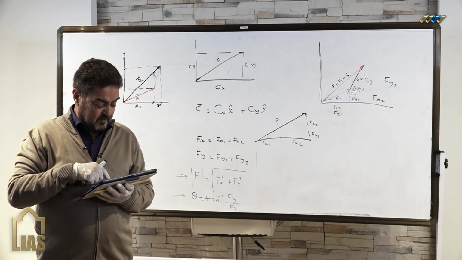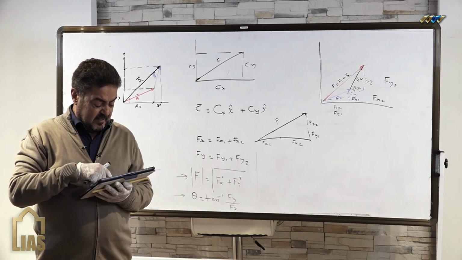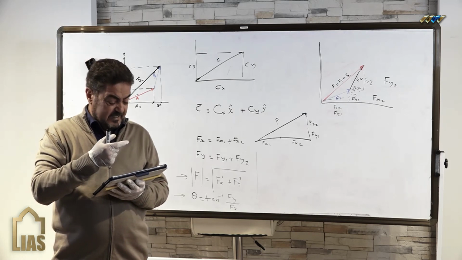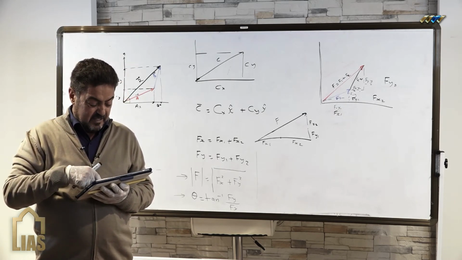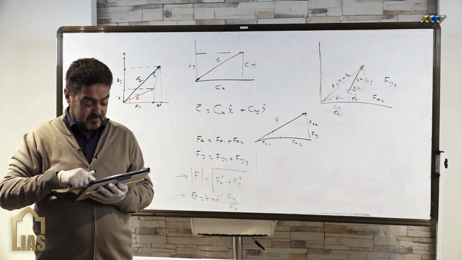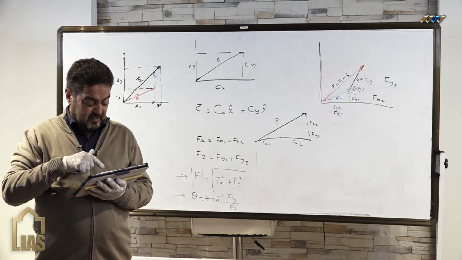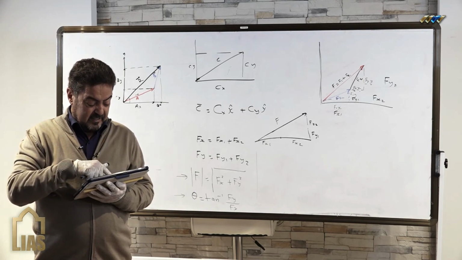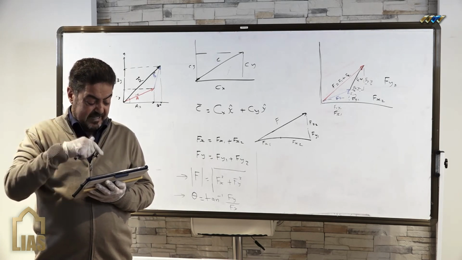The components of v, the method here, because you have vx3, it's negative, while vx1 is positive, and vy1 is positive, and vy3 is negative.